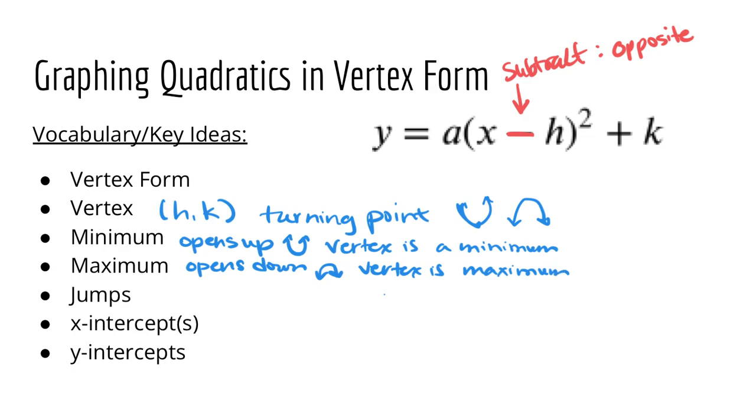The jumps. I'm going to pull over the graph that we did before. There's predictable jumps in the graph. So in graphing a line, we used the slope, rise over run, to go to the next points and to know what our pattern was. But with a quadratic, we have a different pattern.